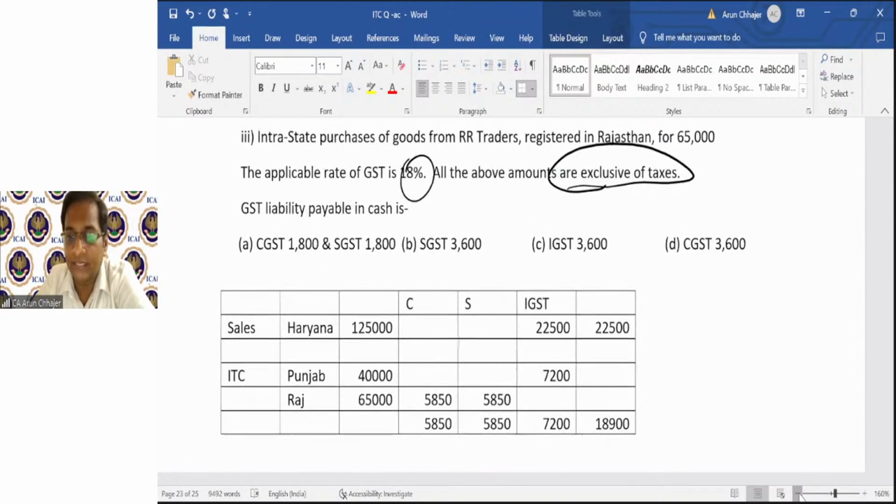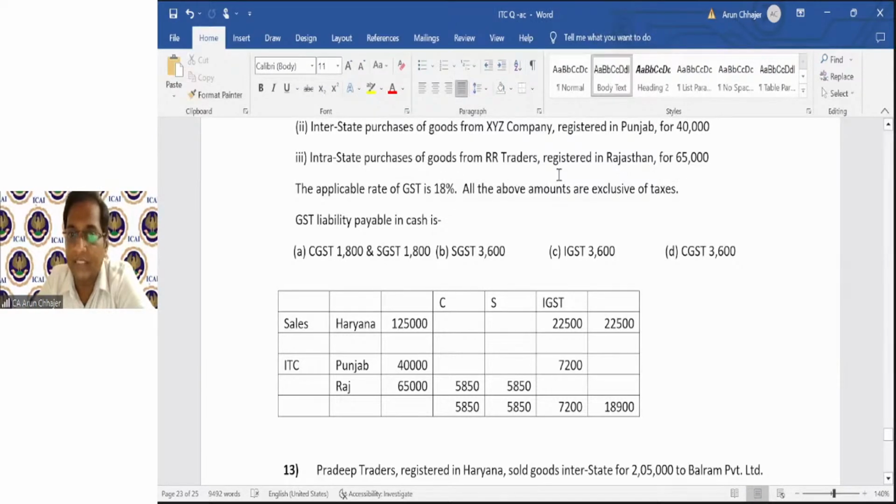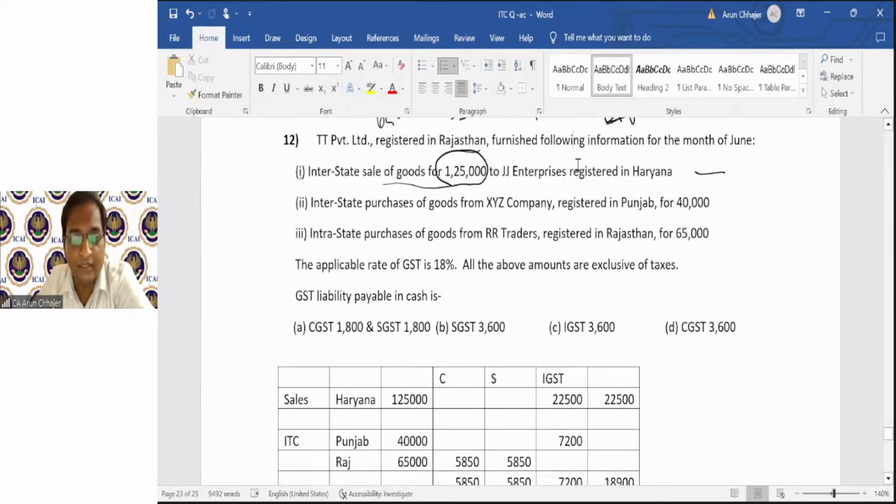Now you all can tell what is the correct answer. अभी आपके सामने वर्किंग भी मैंने यहीं पे पेस्ट कर दी. How much liability to be paid in cash?